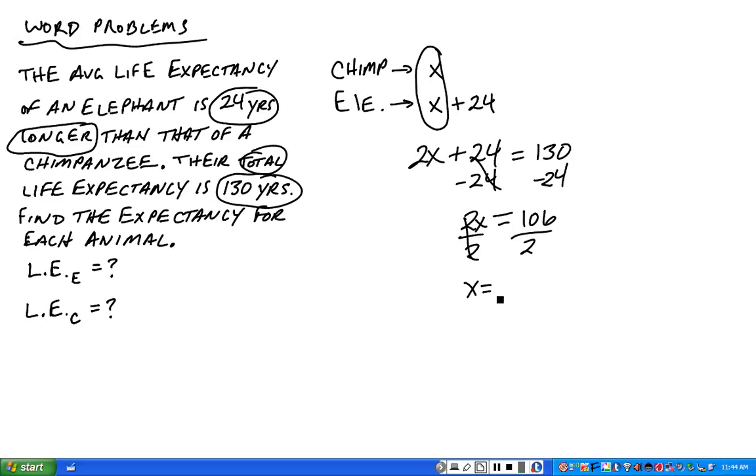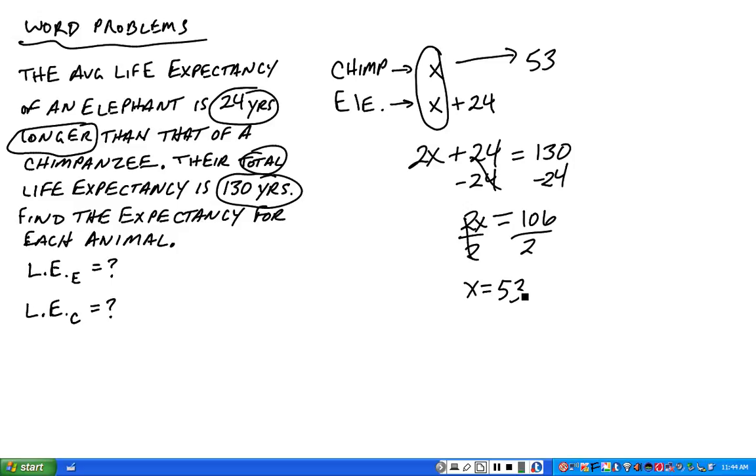Okay. So we know X is 53, so that tells us the chimp lives to be 53 years old on average. Okay, or lives for 53 years on average.